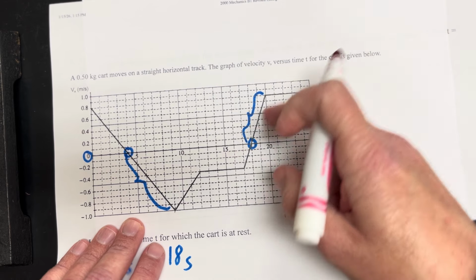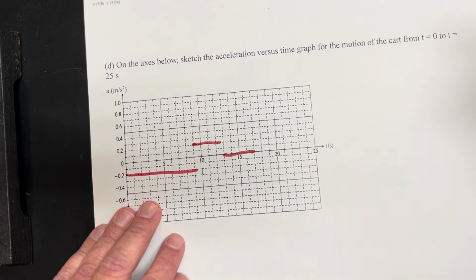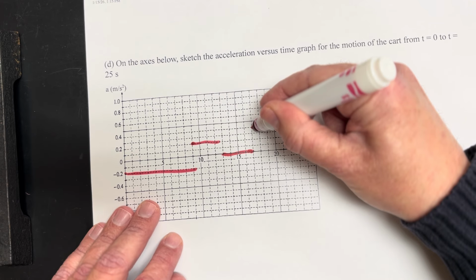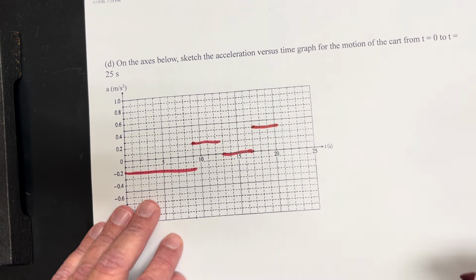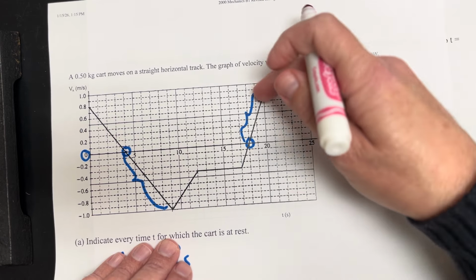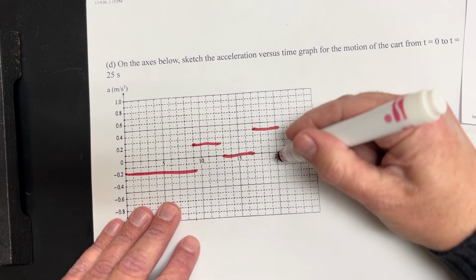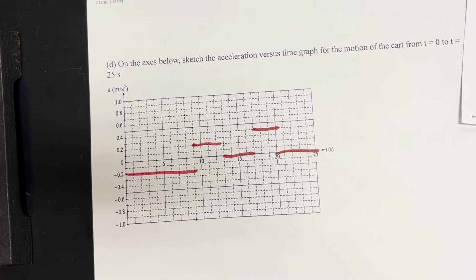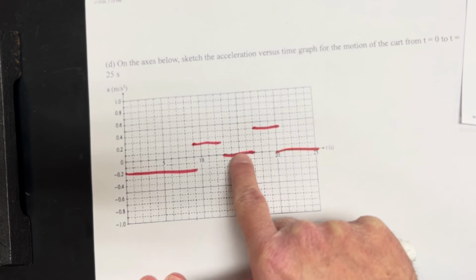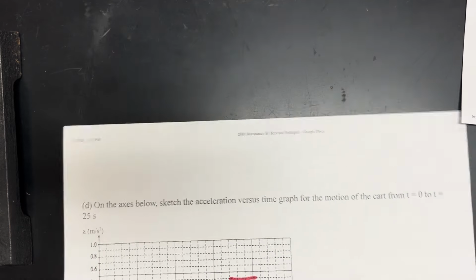And if we calculate that out, that actually jumps up to 0.4. And so now we are all the way up to 0.4, and we do that to 20 seconds. And then at 20 seconds on the graph, we go back to a flat line there, so no slope, so no acceleration, like that. So negative 0.2, 0.2, 0, 0.4, back to 0 there.